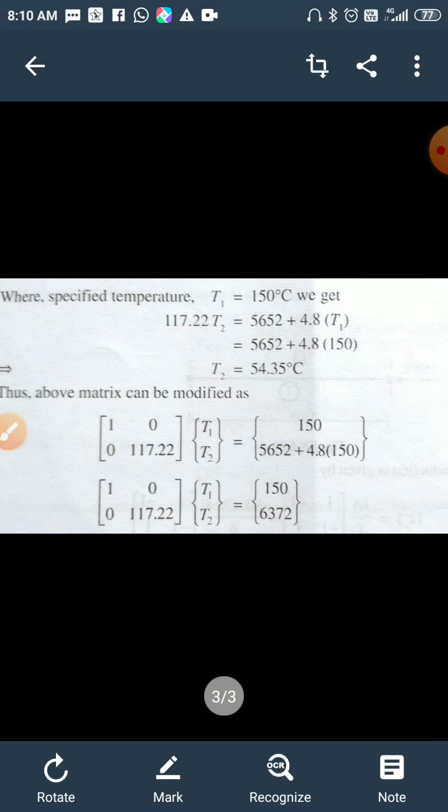After reducing, you get the matrix form K is 1 0, 0 117.22 times T1 T2 is equal to 150, and the second force is 6372. This type of problem has been asked in previous question papers many times, so you concentrate.